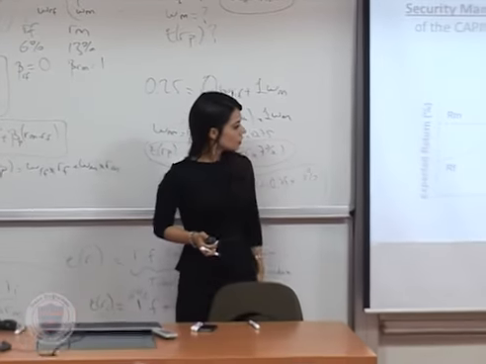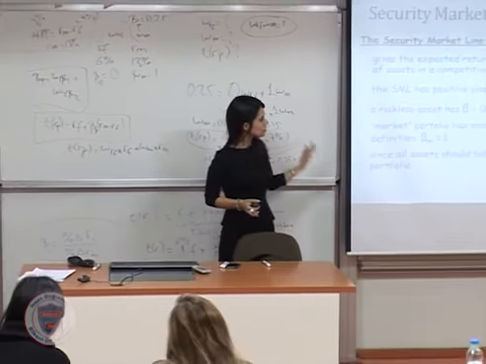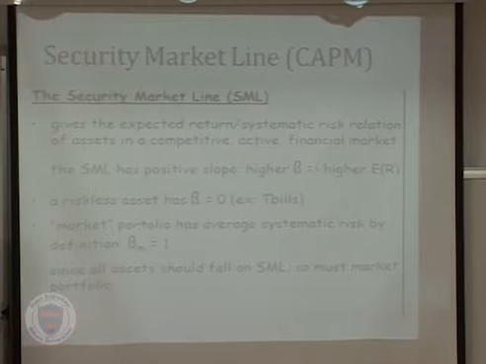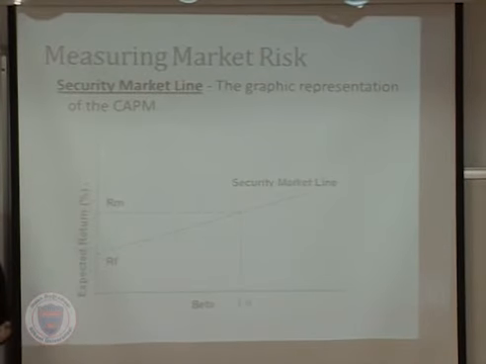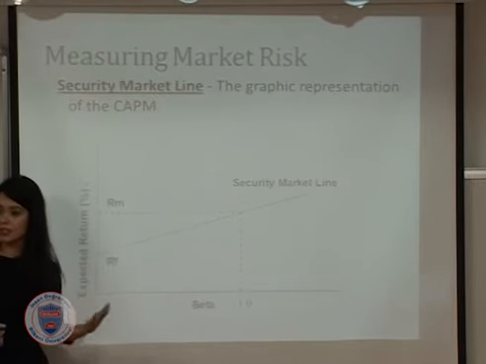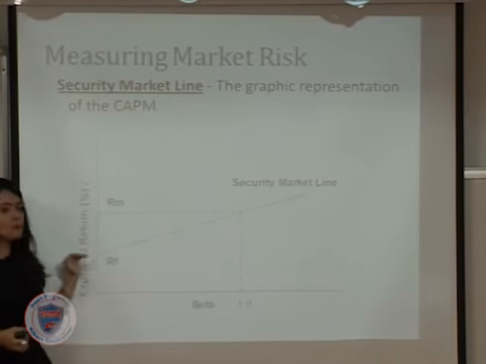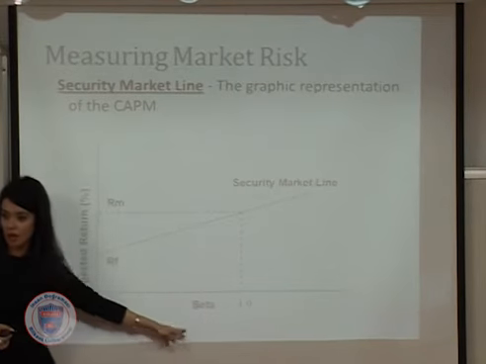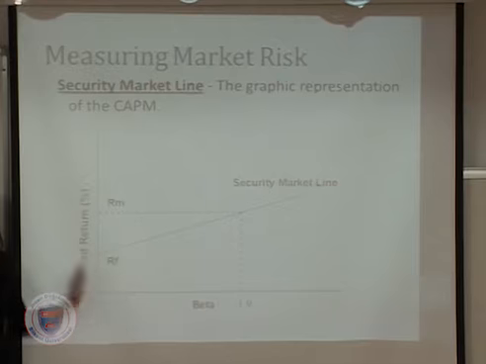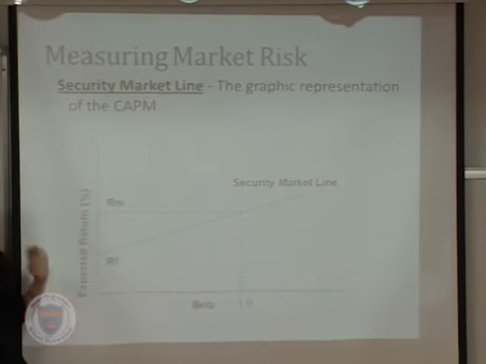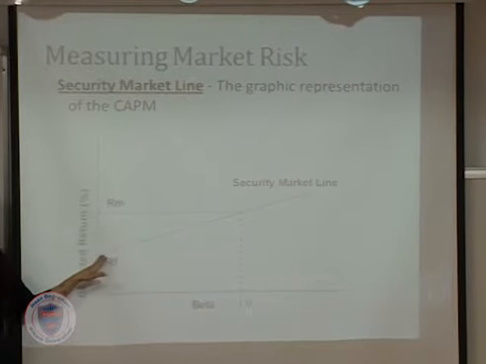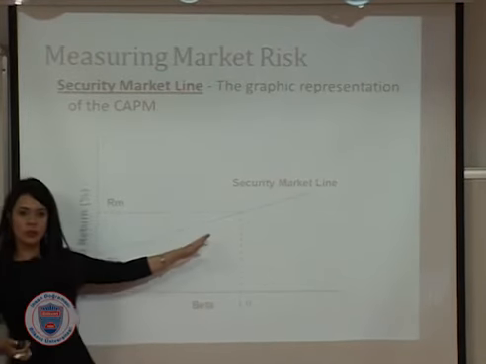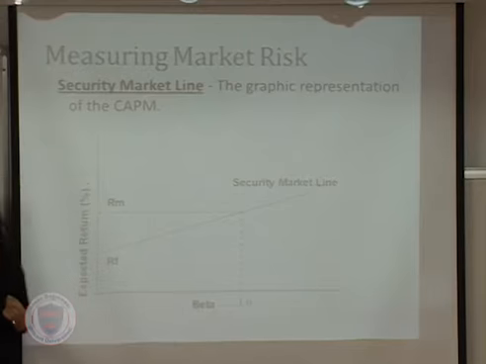Okay. So once you know that, what we learned about the CAPM and the security market line is this. Security market line, which is a graphical representation of CAPM, is an upward sloping line, which means high risk, high beta, translates into high return, just like we expected. And we know that beta of the risk-free asset is 0, beta of the market return is 1.